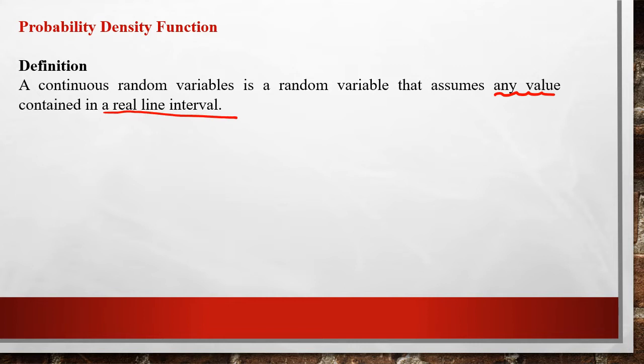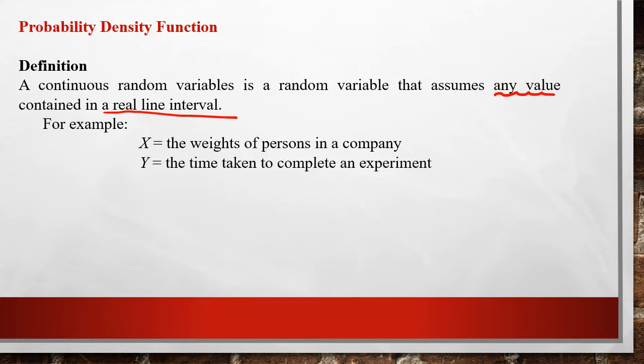But for this continuous random variable, we consider all the values on the real number line. For example, x is a random variable for the weight of a person in a company. Okay, so we can have a weight like 67, 78, 67.5, 80.0, 80.3 and so on.